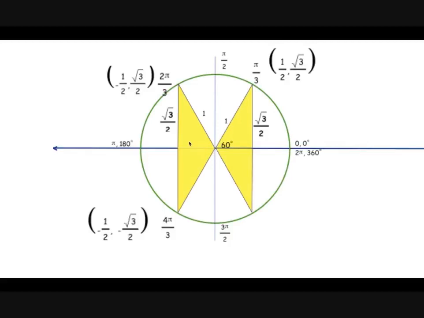And now we reflect it one more time over the y-axis. And here we get 1/2, comma, negative root 3 over 2. Notice how your x values have not changed, neither have your y values. The only thing that changes is whether or not it's positive or negative, depending on the location.